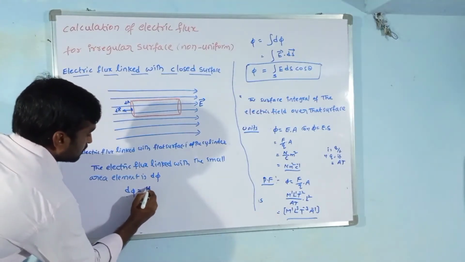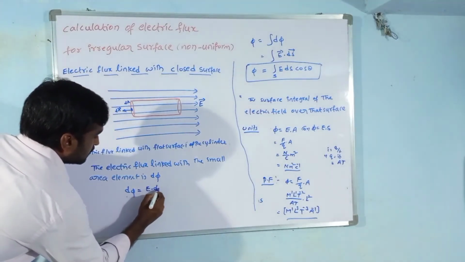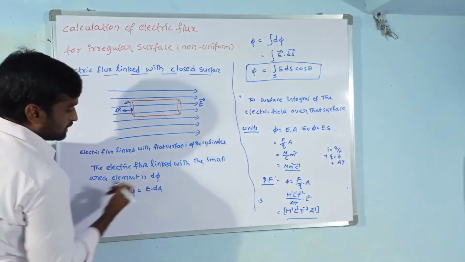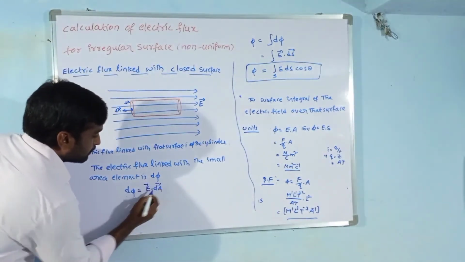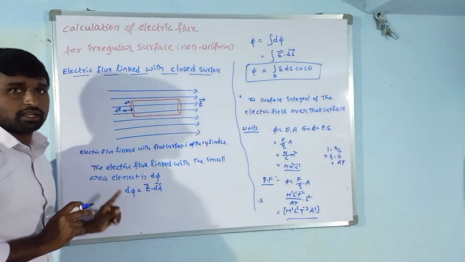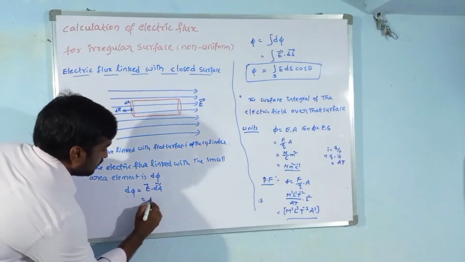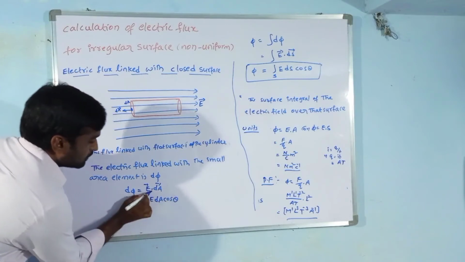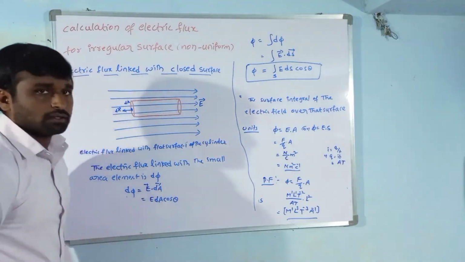So d phi is equal to E dot dA. E is the electric field, dA is the area vector, and the dot product of these two gives the electric flux. So E dA cos theta. When we remove the dot, we have to take cos theta.